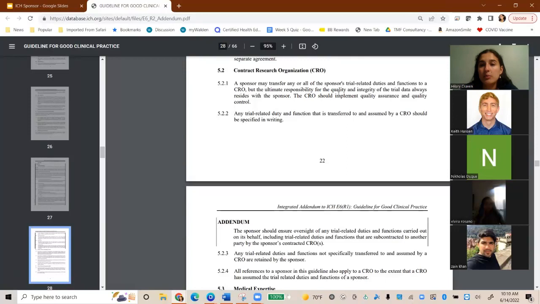So the CRO can implement quality assurance and quality control, and they should, but this is a very important statement that you'll hear throughout the industry, because a lot of times people hire this organization to help do the work, and they don't always have the proper oversight to make sure that they're still very aware of what's going on, because they do have the ultimate responsibility.